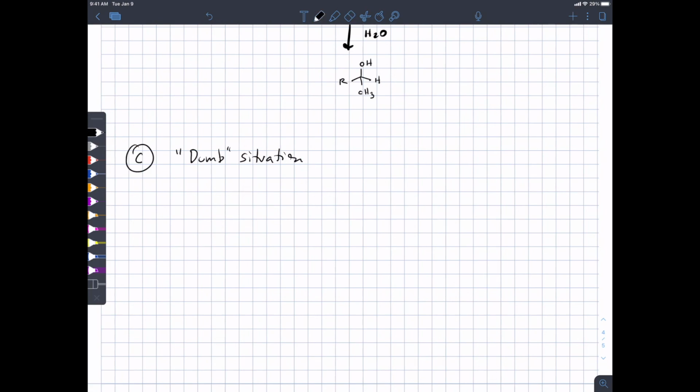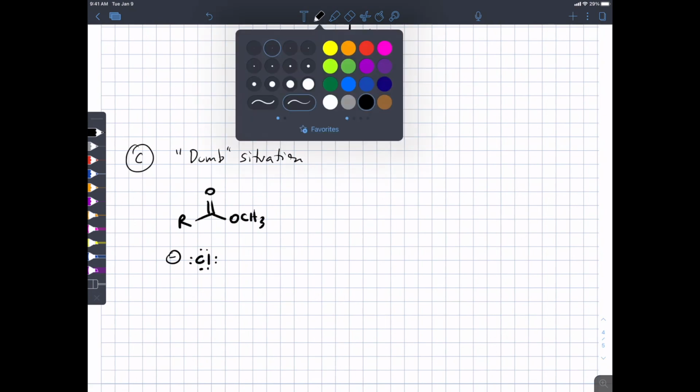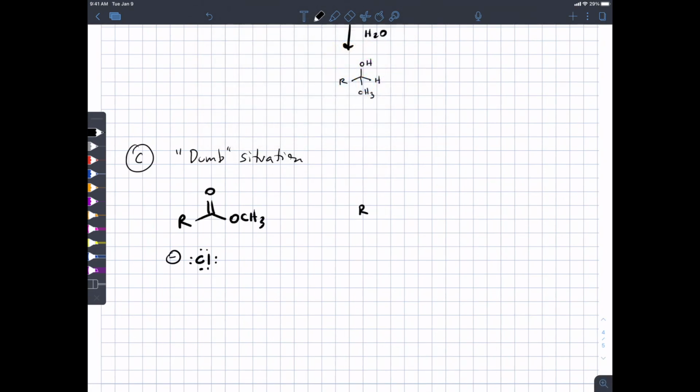Okay, first, I'm going to have to ask you to suspend disbelief because I've already told you that this won't happen. Cl minus is not a good nucleophile to attack and generate a negatively charged oxygen. We've already talked about that.